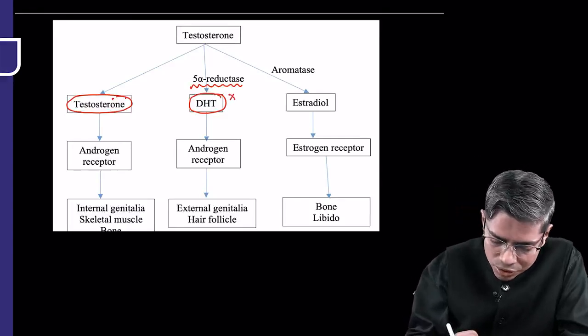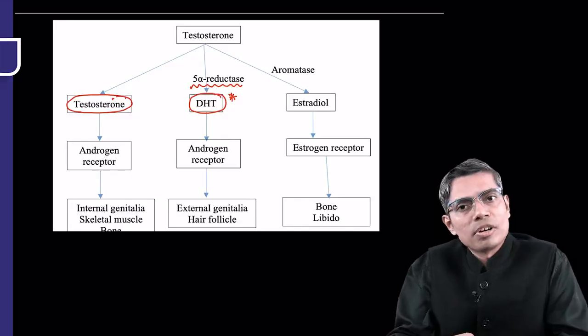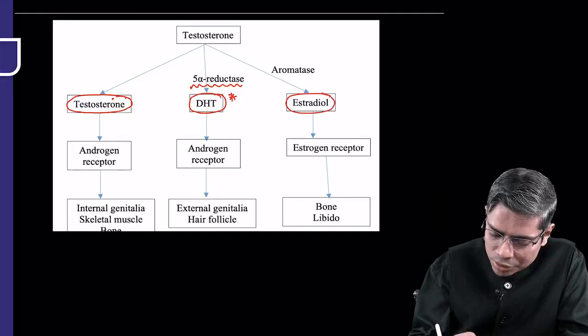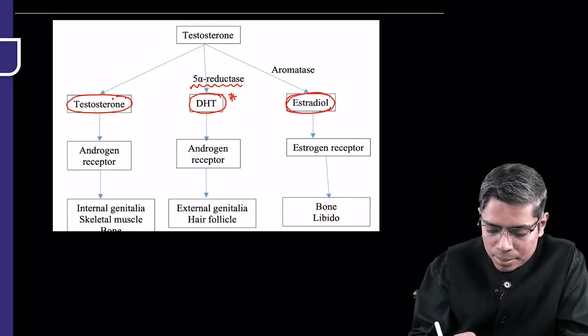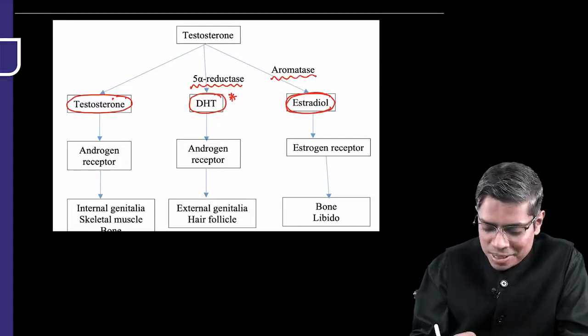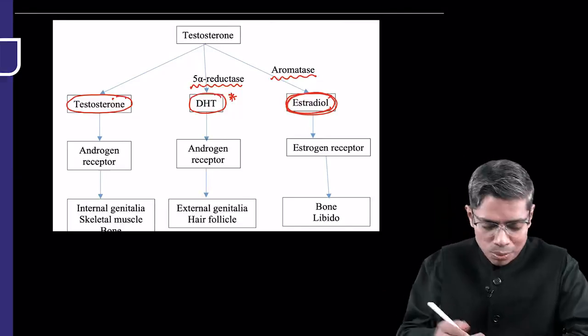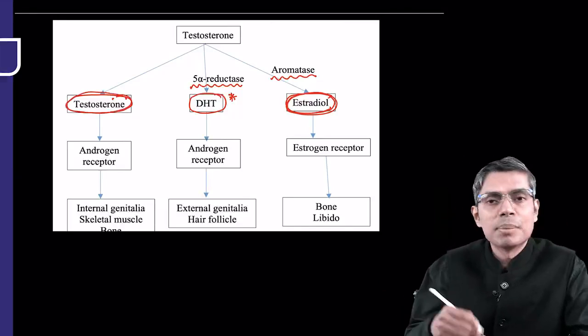This dihydrotestosterone has certain other important functions. And testosterone can also be converted into estradiol or estrogen by the enzyme aromatase. This estradiol also has certain functions in males. So what is the function of testosterone in male?